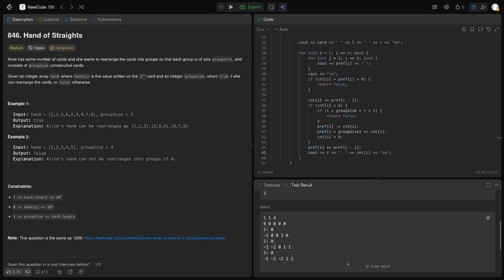So there should be -2 here, and then what? That doesn't make sense.